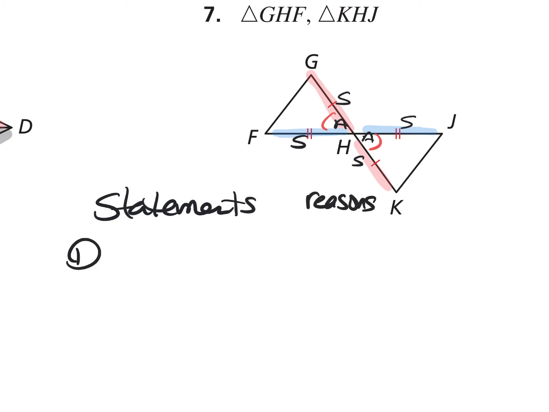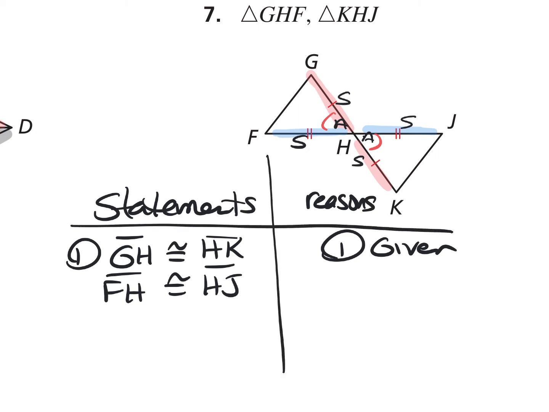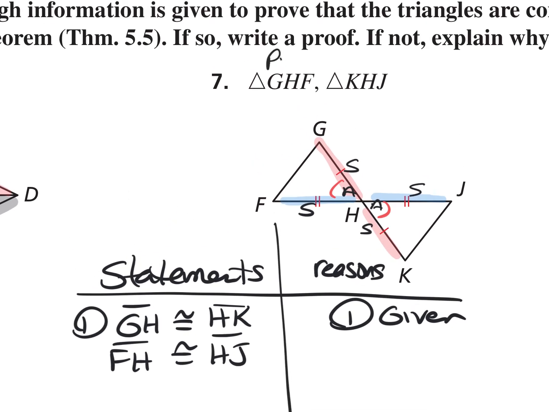So number 1, I can state that GH is congruent to HK and FH is congruent to HJ, and this was given to me in the picture. But again, I will have written this out for you. Same thing with what you're trying to prove. We're trying to prove that these two triangles are congruent.